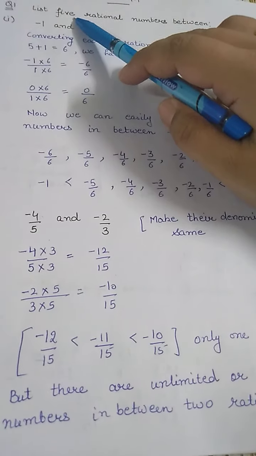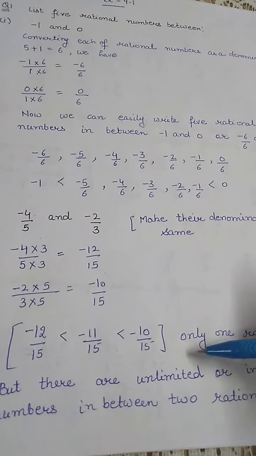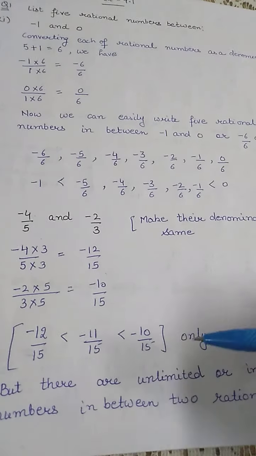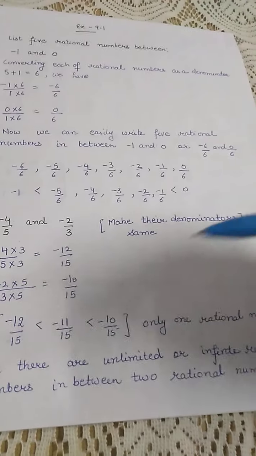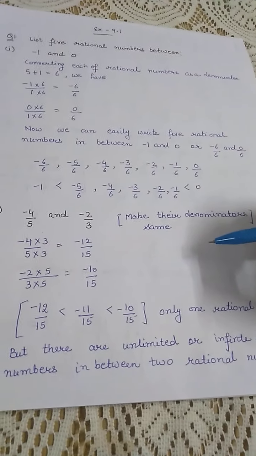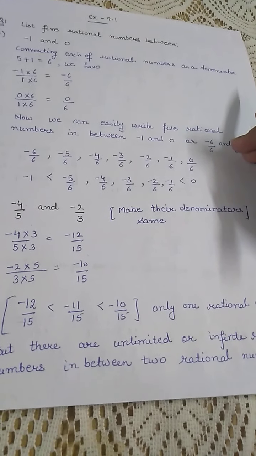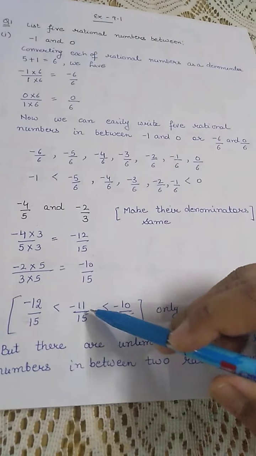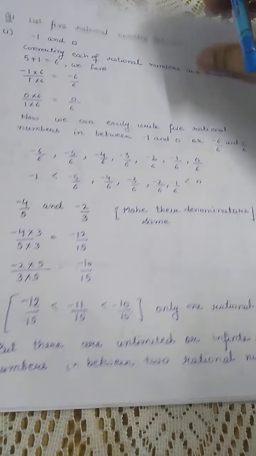If we need 5 rational numbers, we will multiply the numerator and denominator by 6, this also and this also, because I know that there are infinite rational numbers between two rational numbers or two integers. I can't say this is the only rational number. You can find more. You can see the method now, students.